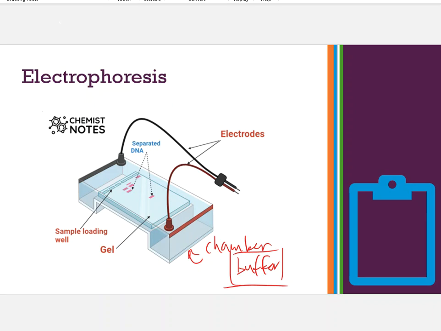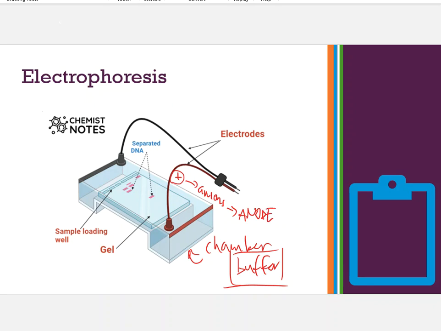There are two cables that lead from the top of this chamber. One is black and one is red. The red one is typically the positive one, and the positive one is attracting the anions. Because those anions are migrating to that side, this is called the anode.